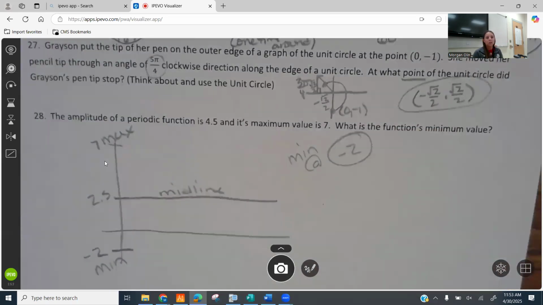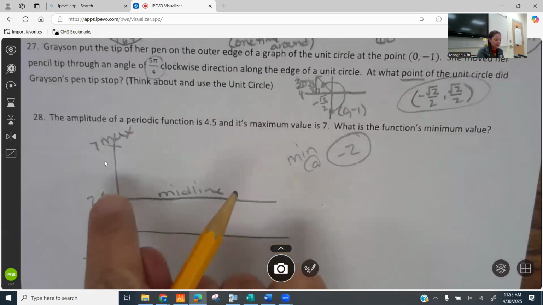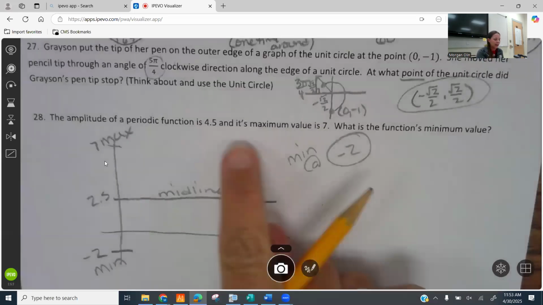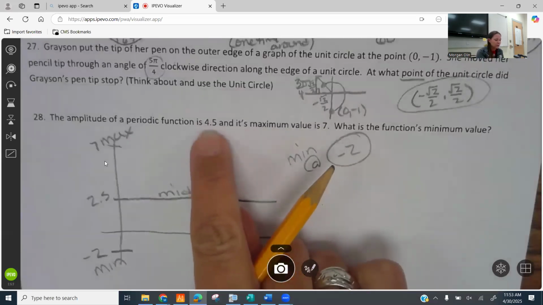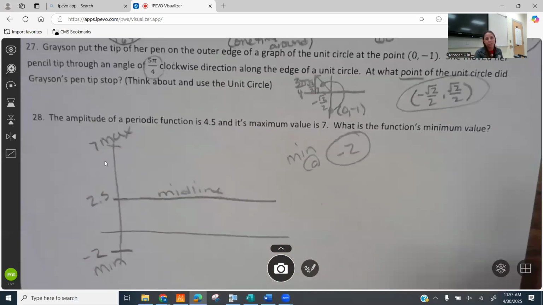All right. So remember, your amplitude goes from your max to your midline, and then your midline to your min is another amplitude. Okay, so you kind of have to do that twice. So if you really just wanted to say, okay, if I did that twice, that'd be 9. 7 minus 9 is -2.